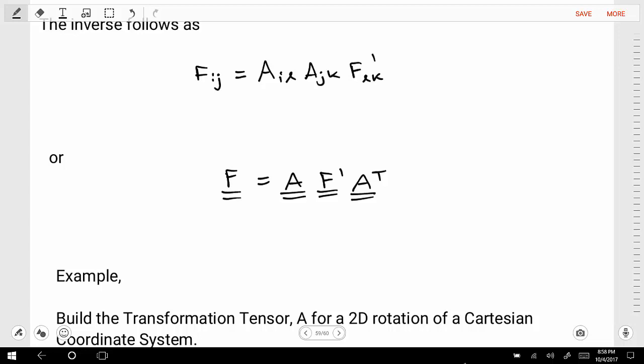And so now we know how to transform a vector using our transformation tensor, as well as the equations we need to transform a tensor.